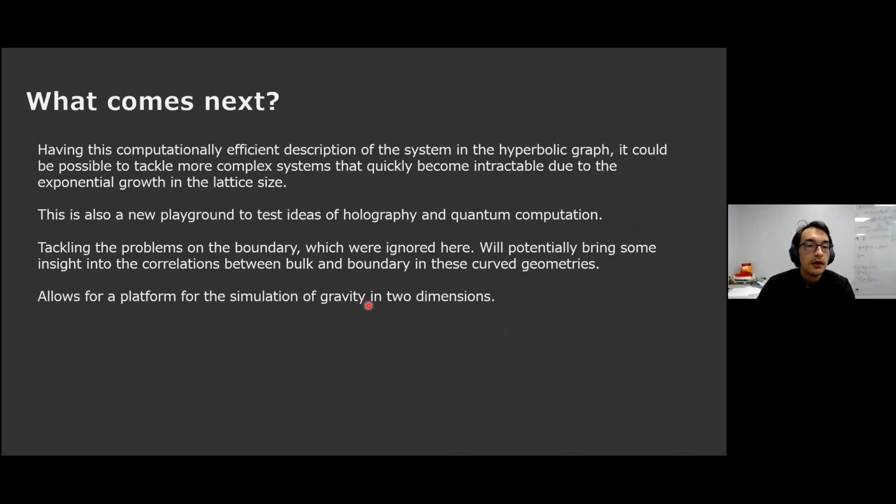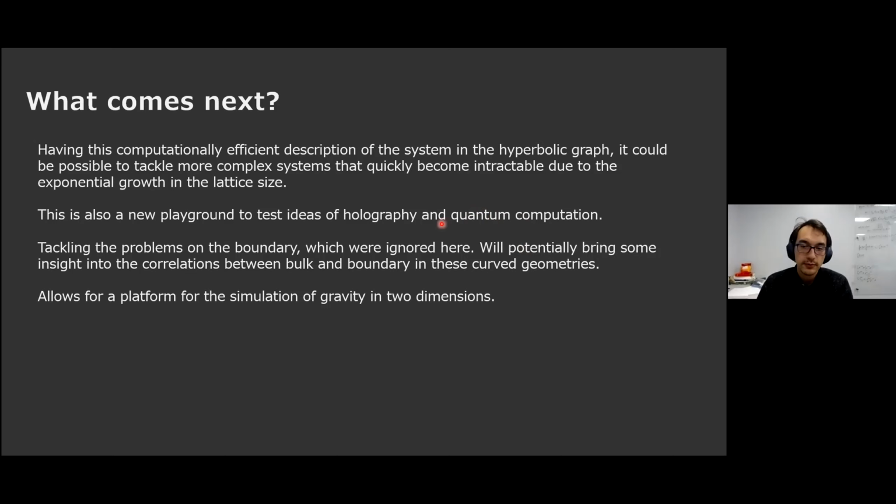Some future directions that they were planning for this study: first, studying these boundary terms that they have left out, and seeing what that can tell them about AdS/CFT. This is a very nice playground to test ideas of holography, and there are some error-correcting quantum codes that can be implemented in the hyperbolic graph.